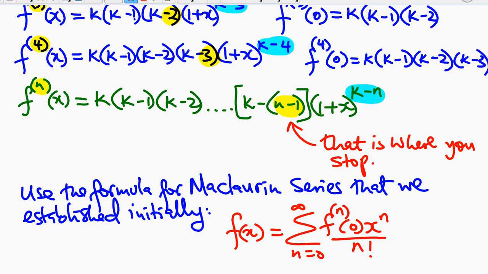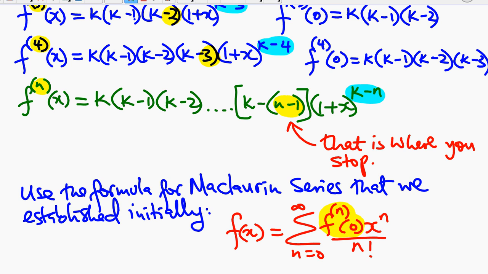Anyway, now we have this function and the nth derivative of this function. We need this bit to plug into the formula, and I can find it from the nth derivative.